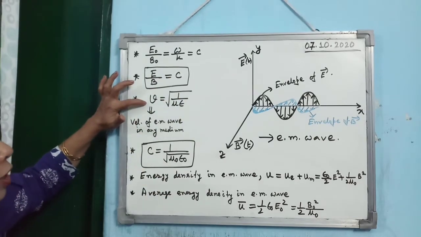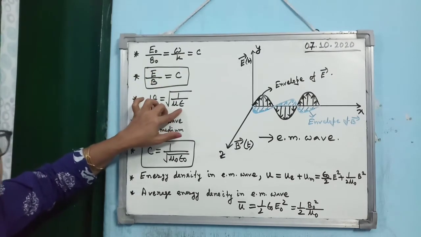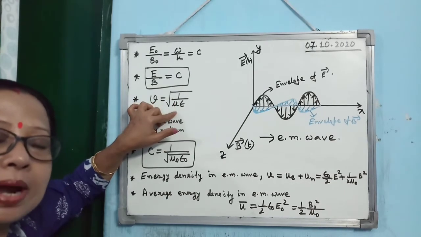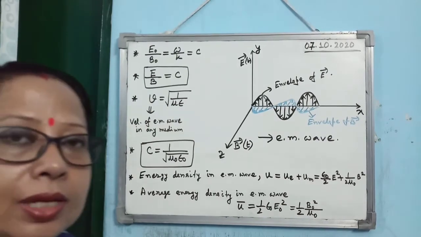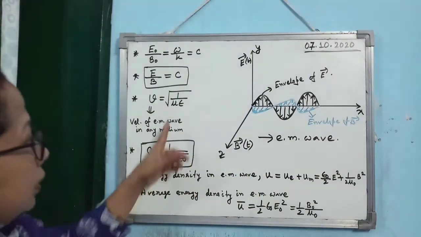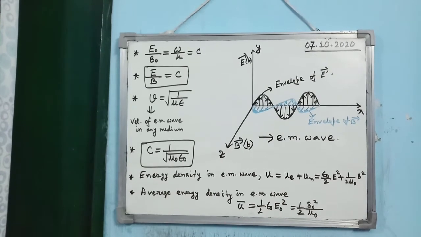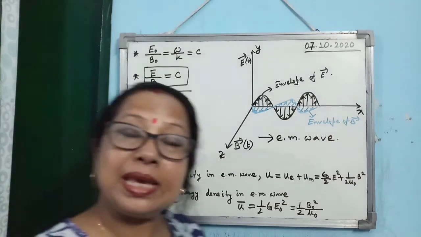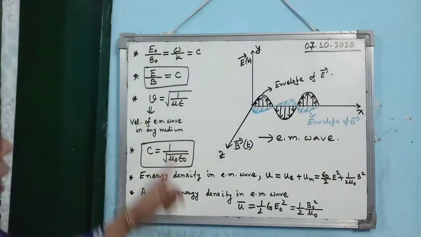And the speed of an electromagnetic wave in any medium is given by under root 1 by mu epsilon, where epsilon is the permittivity of that medium, and mu is the permeability, not permittivity, the magnetic permeability of the medium.